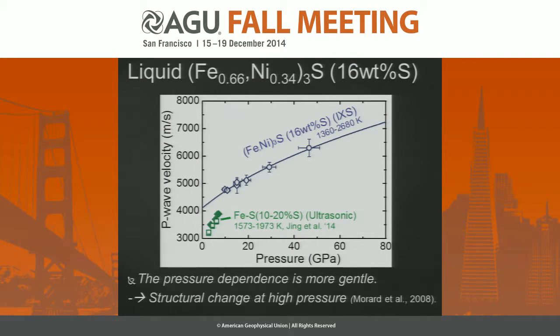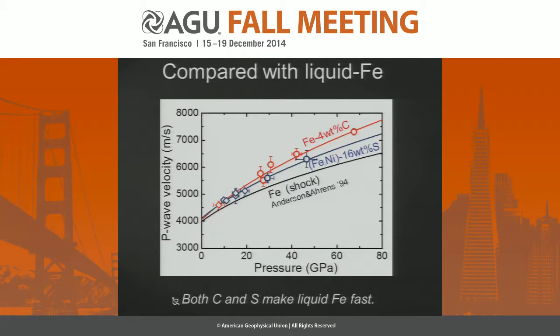The gradient or pressure effect is a little bit different between our IXS data and the ultrasonic data; our IXS data shows a more gentle slope. But this difference may be due to structural changes in the iron sulfur liquid reported by a previous study at around 20 GPa. So together, the iron carbide liquid data and iron sulfide data, we compared with pure iron.